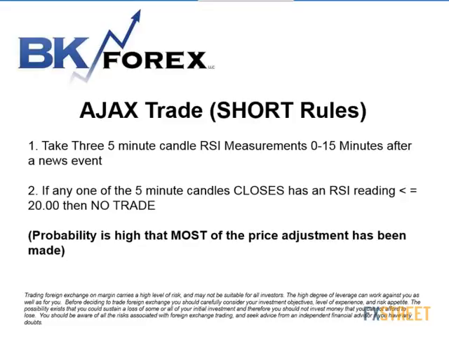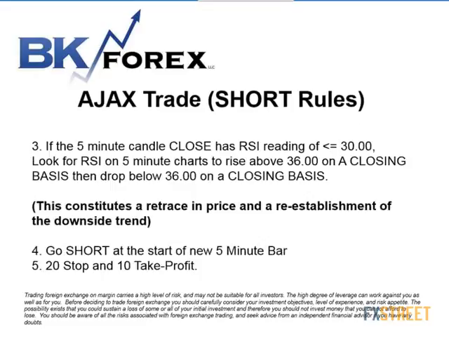In those 15 minutes, if any of those 5-minute candles closes below 20 on the RSI, which means it's deeply oversold, there's no trade, because the probability is high that most of the price adjustment is made. But if the 5-minute candle closes with an RSI reading between 20 and 30, then you want to look for the RSI on the 5-minute chart to rise above 36 on a closing basis, and then drop below 36 on a closing basis.